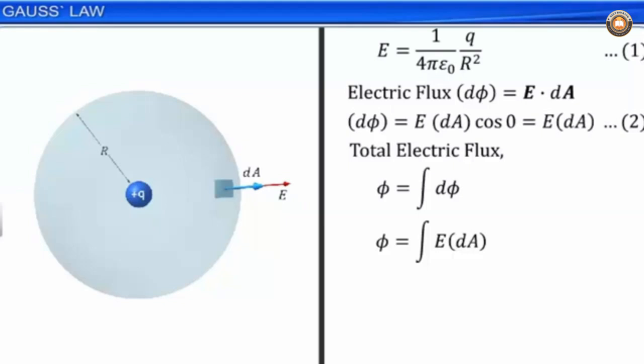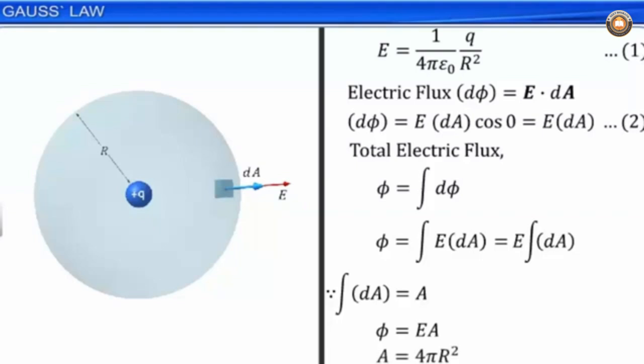We know that integral dA is equal to A, which is the area of the Gaussian surface considered. Now, phi is equal to EA. We know that for a spherical surface, which is the Gaussian surface in the present discussion, A is equal to 4 pi r square. Therefore, we have phi is equal to E into 4 pi r square. Let this be equation 3.